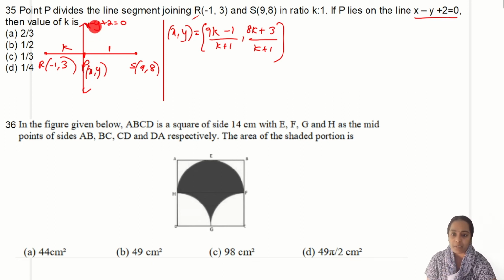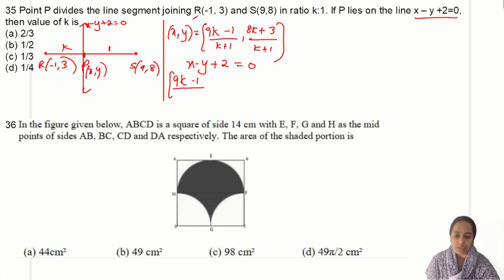So let me put it. I have x minus y plus 2 equals 0. X is 9k minus 1 by k plus 1, minus y. Minus y will be minus 8k minus 3 divided by k plus 1, plus 2 equal to 0.